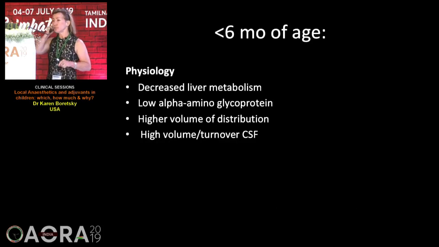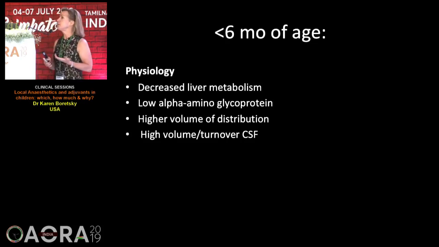What I want to talk about now are infants under 6 months of age and the particular physiology we worry about with them. Because they're infants, they're immature, and so everything is pretty much immature.